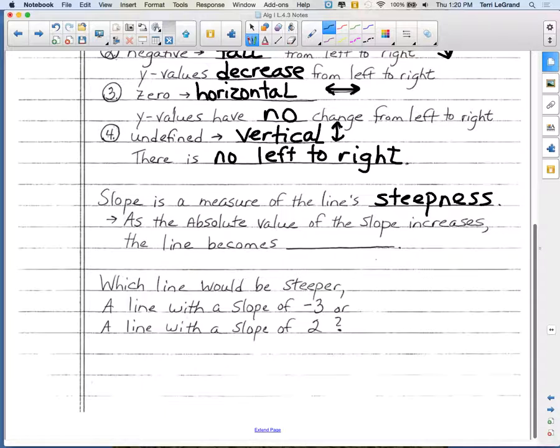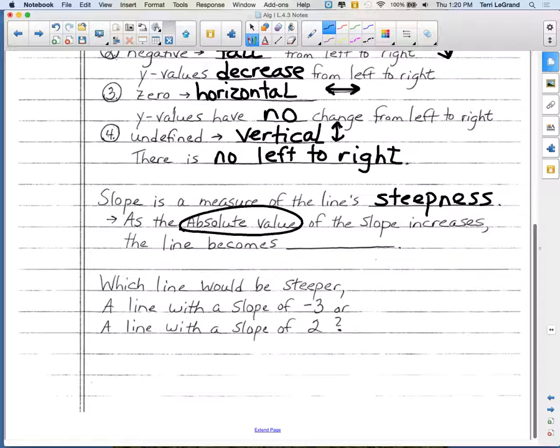So here's how we can tell whether one line will be steeper than another. Especially if on the picture they look the same because the scales on the graphs were different, kind of like happened in our exploration. As the absolute value of the slope increases, oh my goodness, there's that word, absolute value again. What's that mean? What's absolute value?